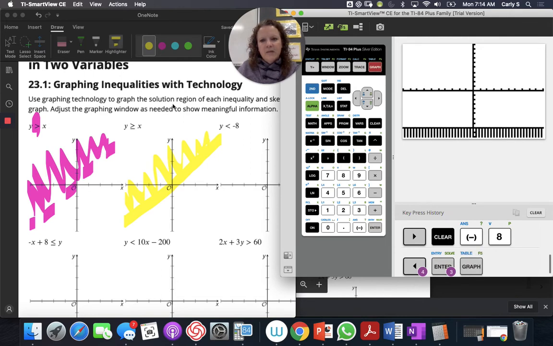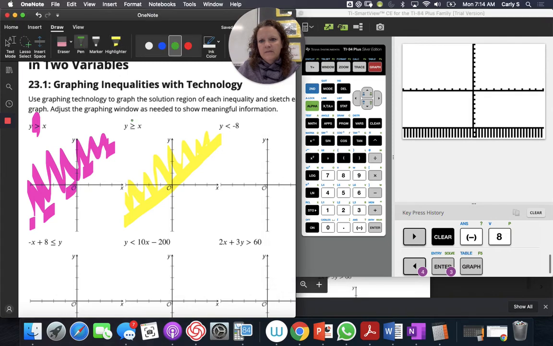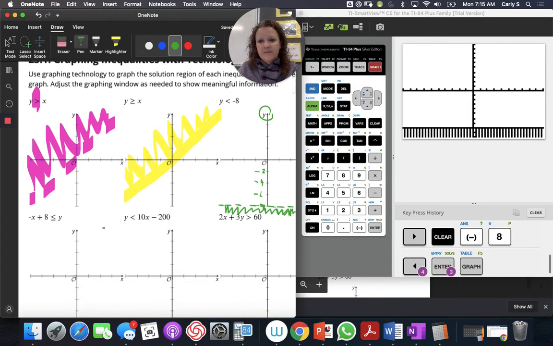Okay, so now we're coming down here, -2, -4, -6, -8. So when y is less than -8, we get a dashed line here, and we're shading below it. This is the y equals graph, so on the y-axis, y is -8. So everywhere on this dashed line y is -8, and so we're less than, we go underneath it.